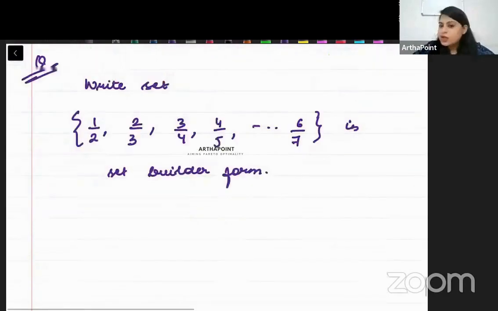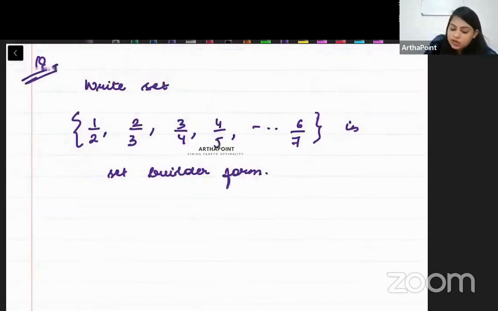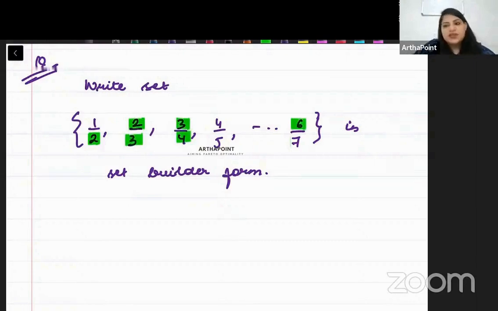Please do it. Now see, denominator is one more than numerator. That's the first thing. Then what do we see? We see that both numerator and denominator are naturals. And it can only go till 6 by 7.